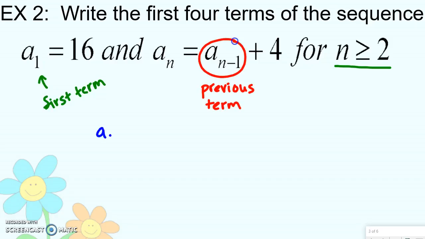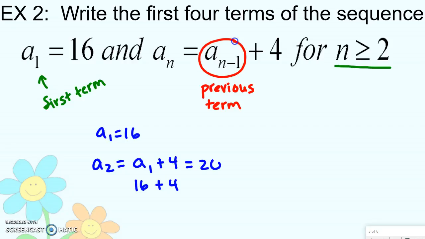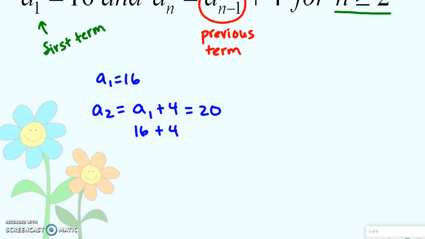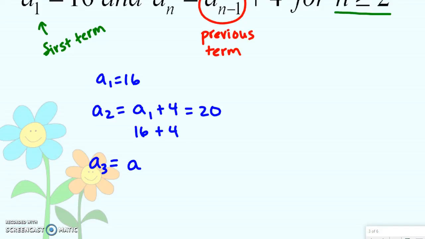All right, so A sub 1 is 16. Now I want to do A sub 2 to find my second term. So I do A sub 1, because that's 2 minus 1 when I plug in for n. A sub 1 plus 4, so 16 plus 4, which is 20. Then A sub 3, I'm going to do A sub n minus 1, so 3 minus 1 is 2, so A sub 2 plus 4.